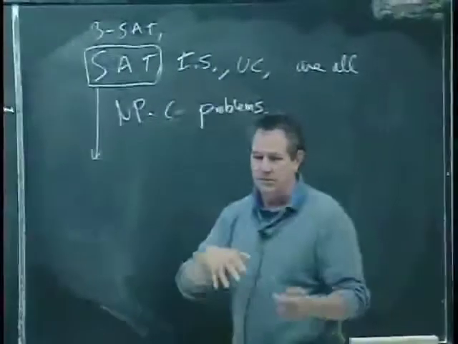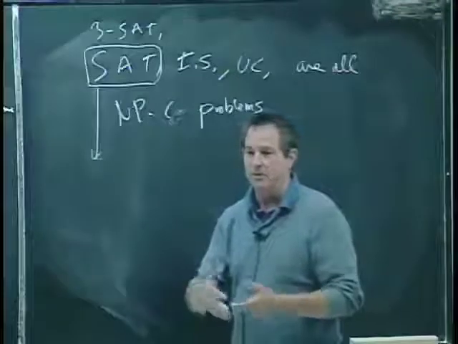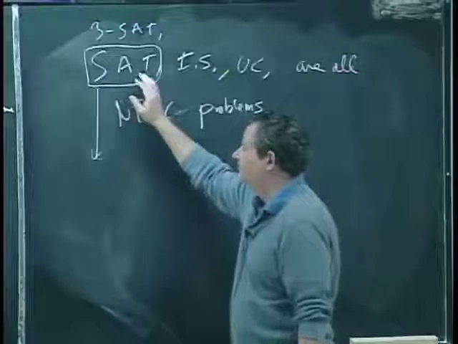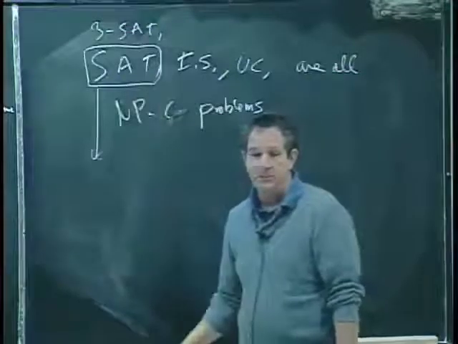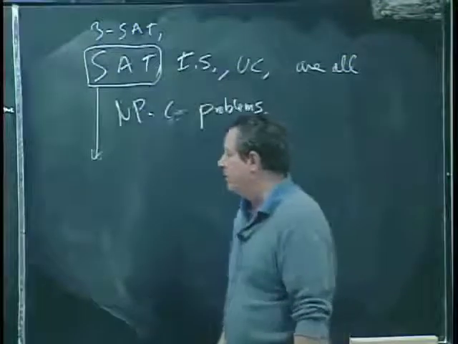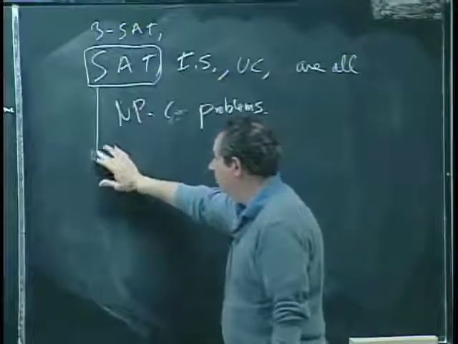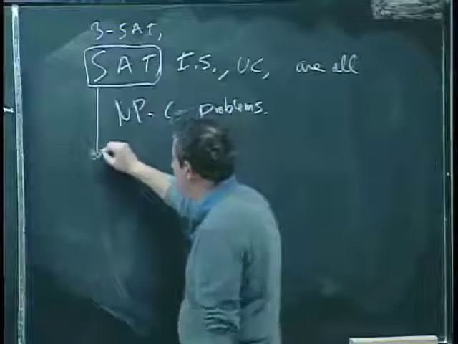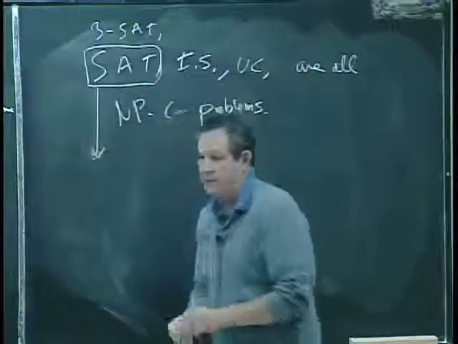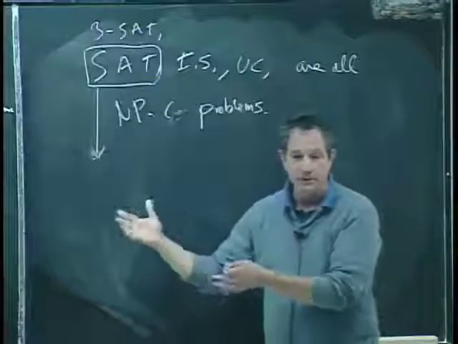In 120, you build up all the machinery about Turing machines and formal reductions and so on, and then you can prove that SAT is NP-complete. But the proof is very, very tiresome and tedious. And there are other proofs of other problems that are NP-complete from the definition itself.